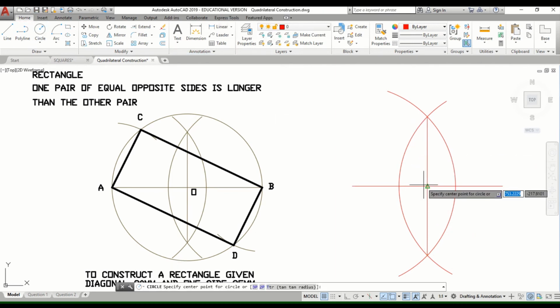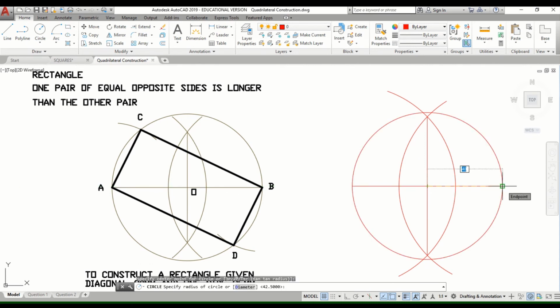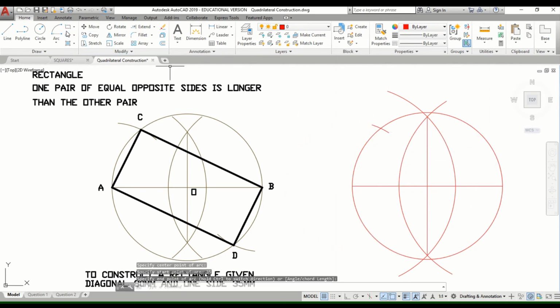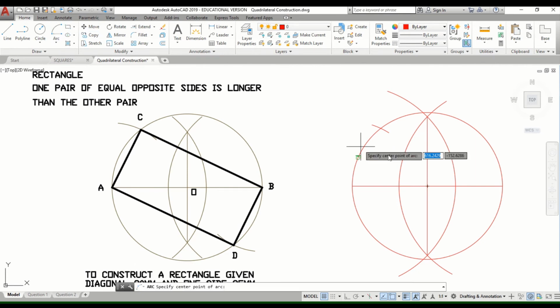For this now, we will use the circle tool and the center that we just found to draw our circle. Next, back to the arc tool, and the other side, the side that's given, that is 35 millimeters. We use that to draw an arc, and we actually draw that arc from both ends of our diagonal, but in the opposite direction.